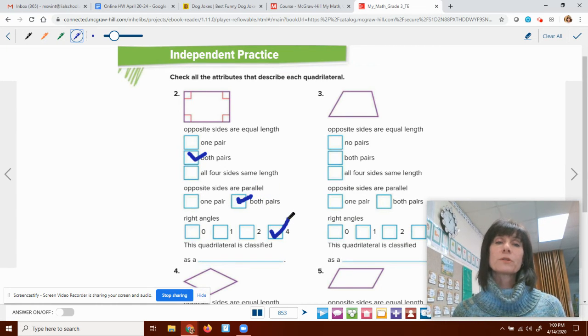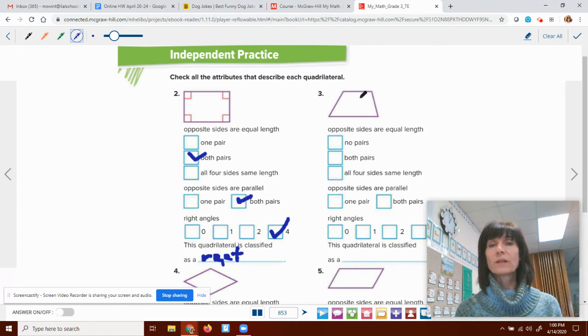So for number 2, both sides are of equal lengths. Opposite sides are parallel. They have 4 right angles. I would classify this with those attributes as a rectangle. And you could write rectangle here.